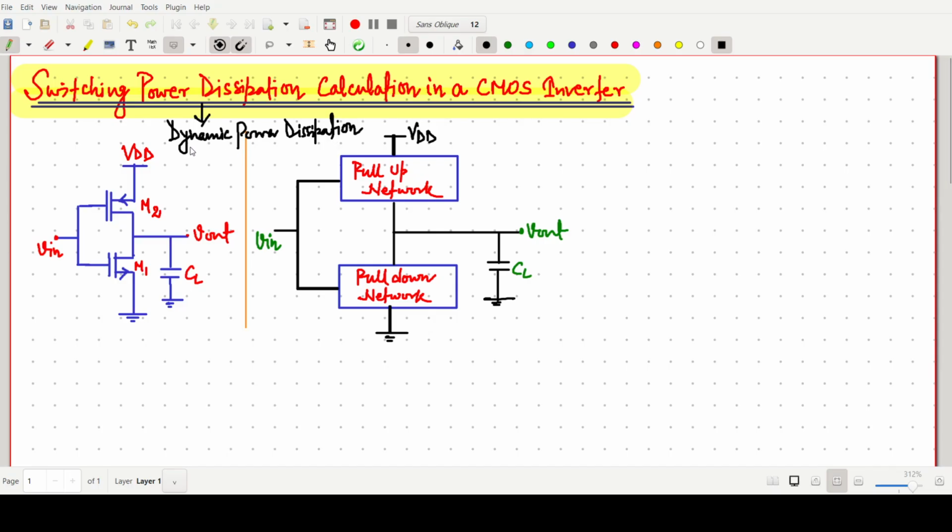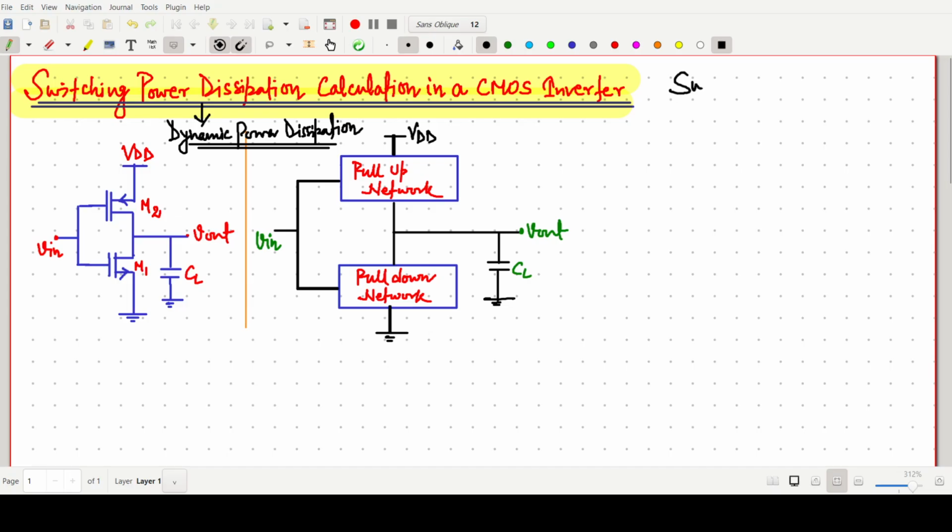So in a CMOS inverter, we have to find the dynamic power dissipation, or better to say, the switching power dissipation.